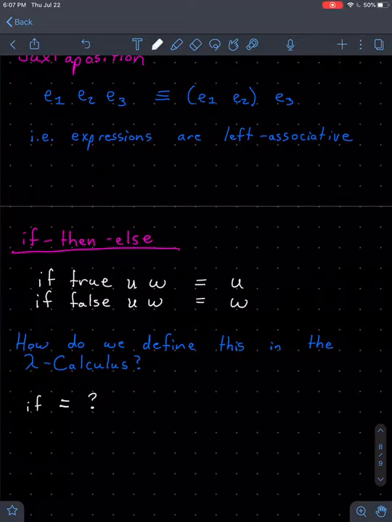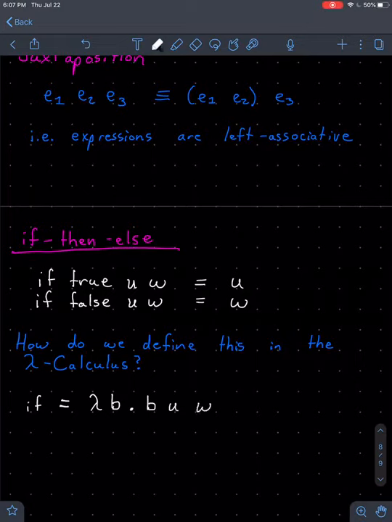So Arthur thinks he has an answer. Arthur, you're leaving a little bit off of the front though. So Arthur is suggesting we put in lambda b dot b u w.